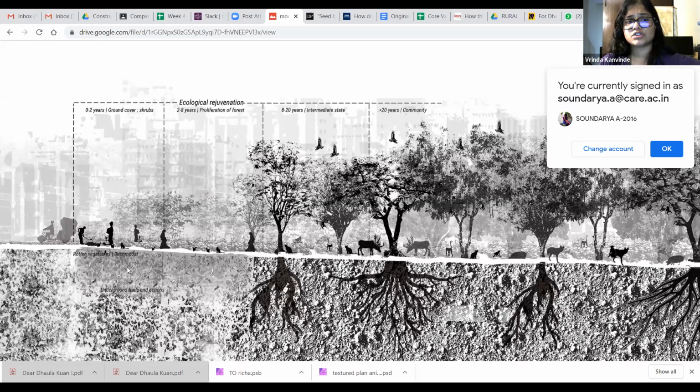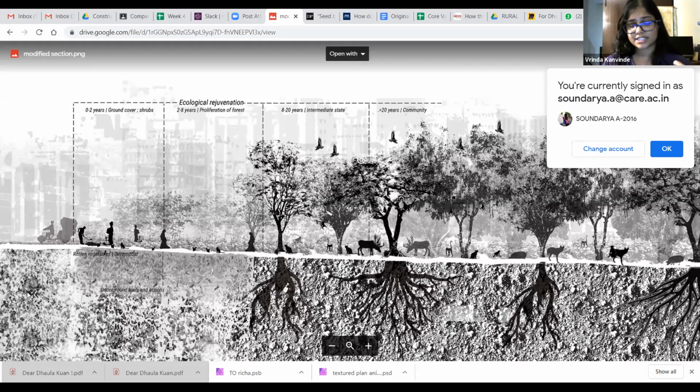Seeds that have been submerged for many hundreds of years under the ground will suddenly have the nutrients to start growing through the aeration of the earthworms. And then maybe 8 to 20 years we were looking at the trees coming up to an intermediate state, and then also getting inhabited by the wildlife and the animals that were lost.